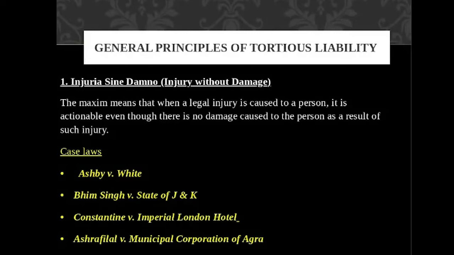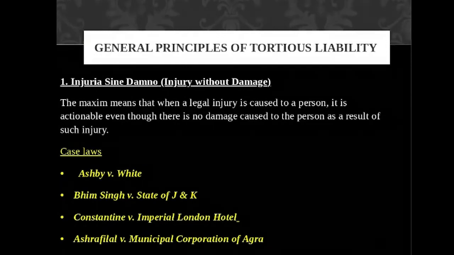This maxim means that when a legal injury is caused to a person, it is actionable even though there is no damage caused to the person as a result of such injury. The main object of the law of tort is to protect against harm being caused to the property, body or reputation of a person. An action for damages lies for infringement of an individual's legal right.